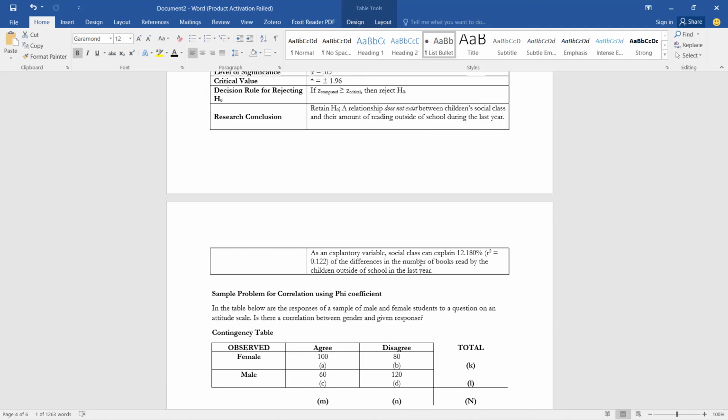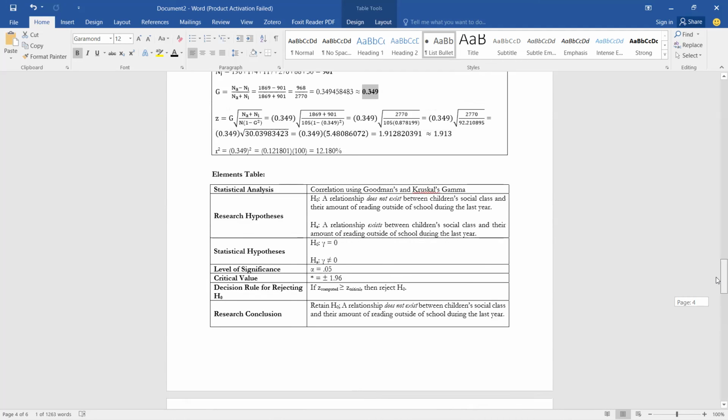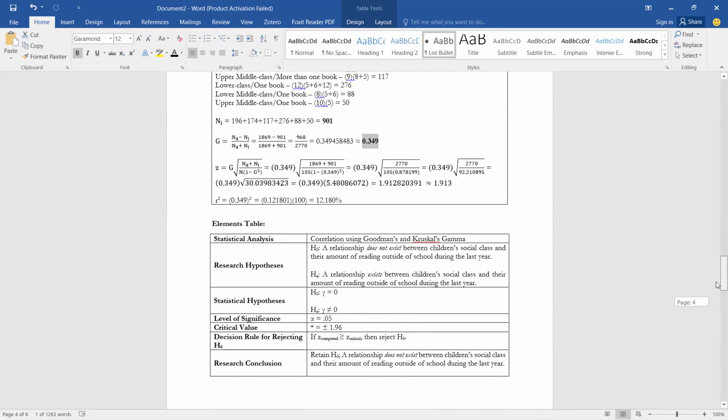No, if it's not social class, what else? Could it be gender? No, could it be the number of parents that are taking care of the child? So mga ganon. So there, that's your gamma example sample problem.